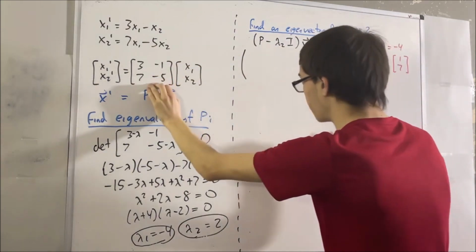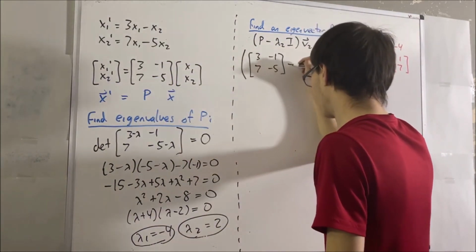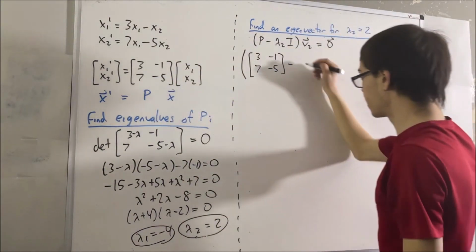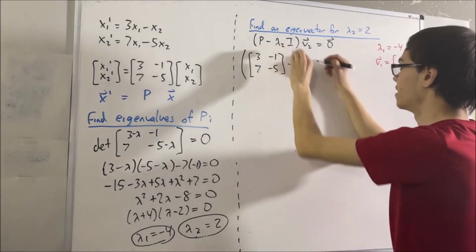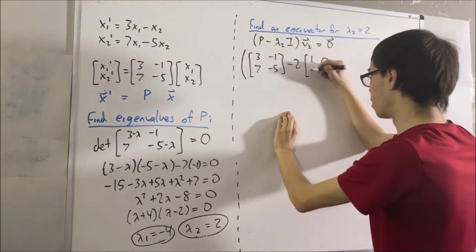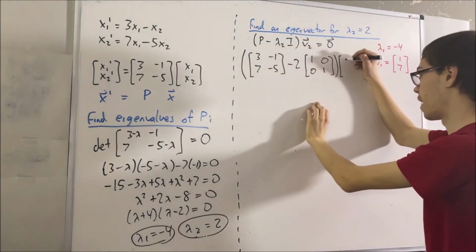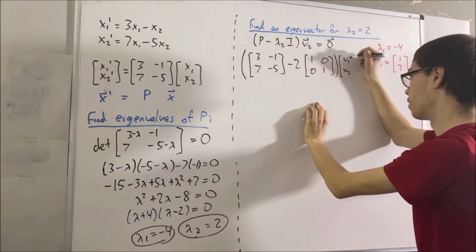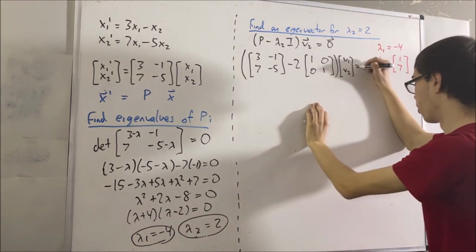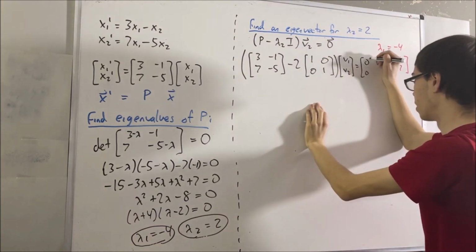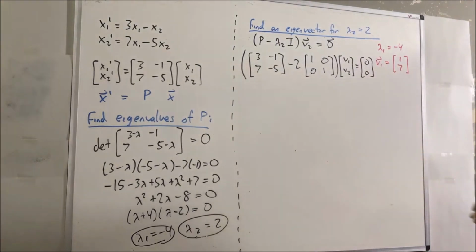Matrix P is the same as before. Lambda2 is 2 in this case. I is the same identity matrix as before. I'm just going to represent my eigenvector with the same sort of notation. And this is equal to the 0 vector, same exact way as before.